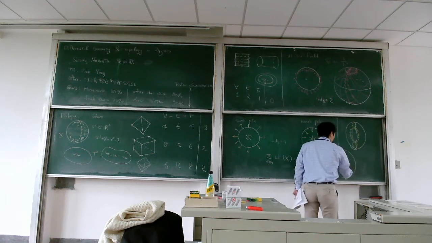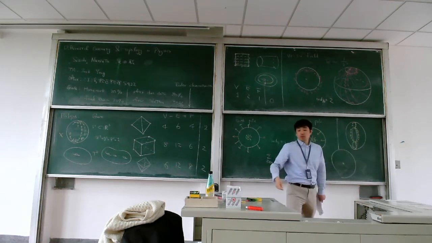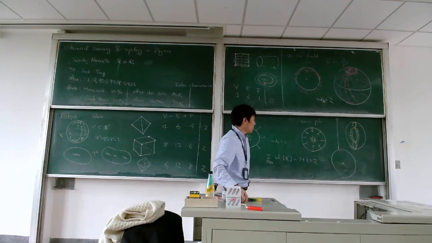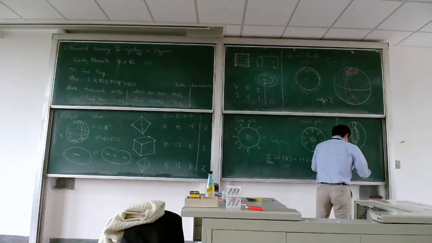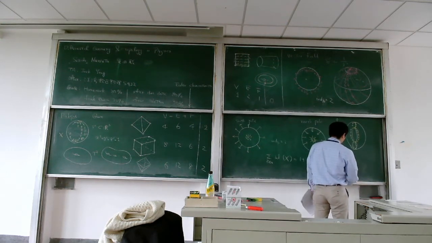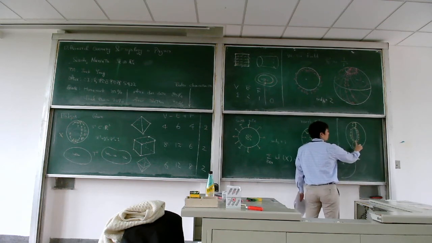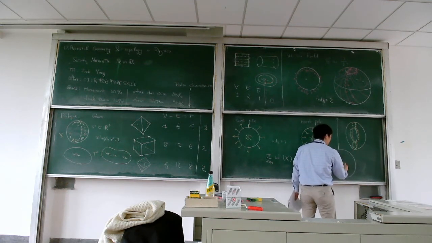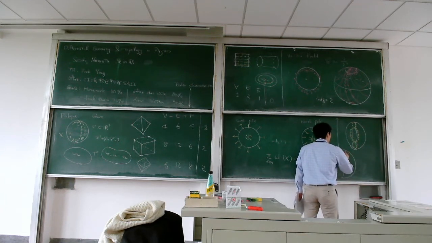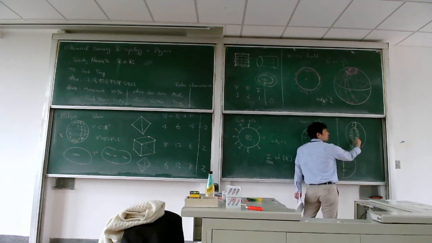So let's zoom into this point. Then the vector field looks like the following. So on one way it goes like a sink, but on the other way it becomes a source.